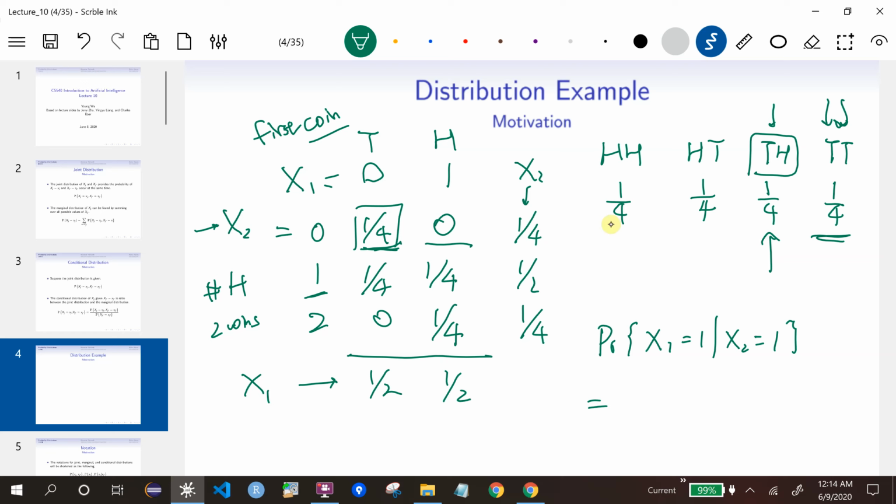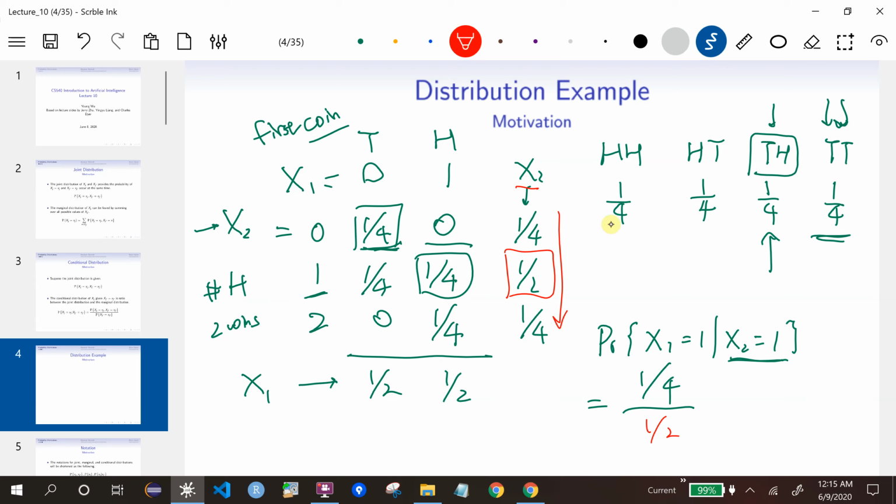The definition is the probability of both of them occurring at the same time, which means x1 is 1, x2 is also 1, so it's this number, 1/4, divided by the marginal probability that x2 is 1. The marginal probability is this column. So when it's 1, it's a half. So divided by a half. If you simplify this, it is a half.